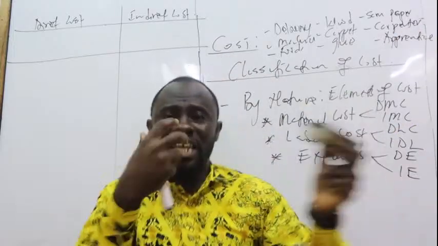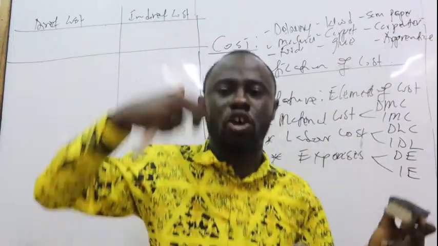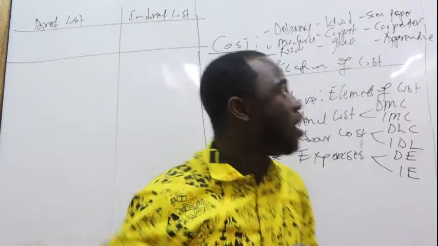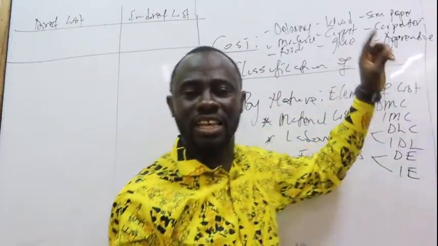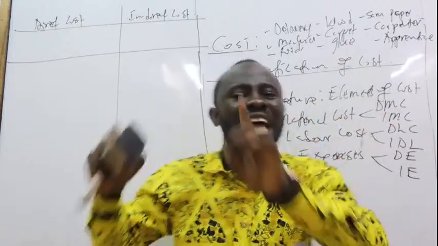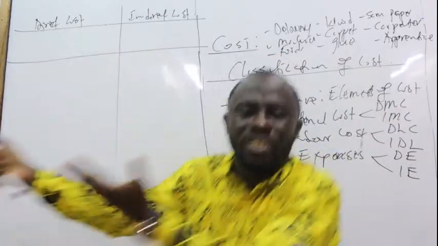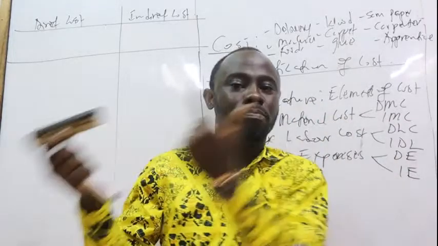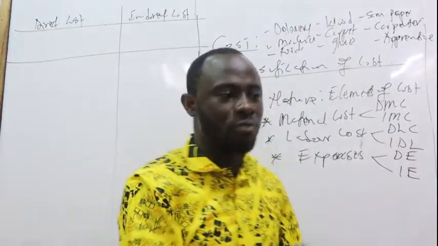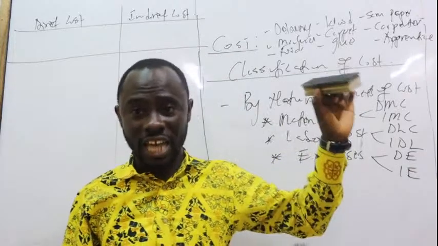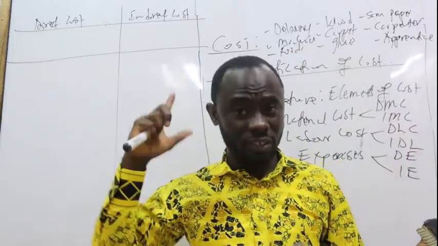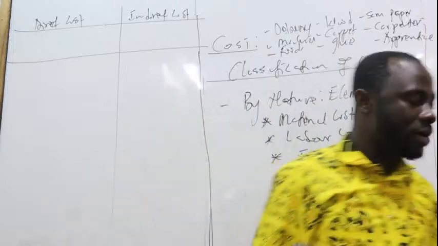So the cost we incurred in relation to the apprentice's job becomes an indirect labor cost. Why? Because the apprentice's job cannot be traced or allocated to the duster, but his boss, the carpenter, his money can be traced to the duster. That is what we mean by traceability of cost.